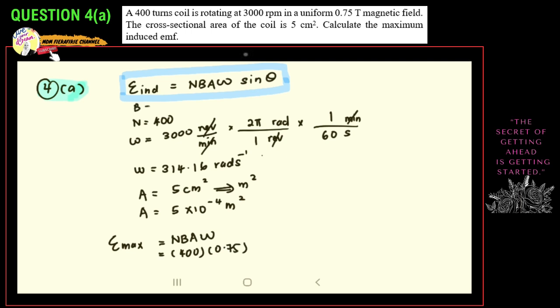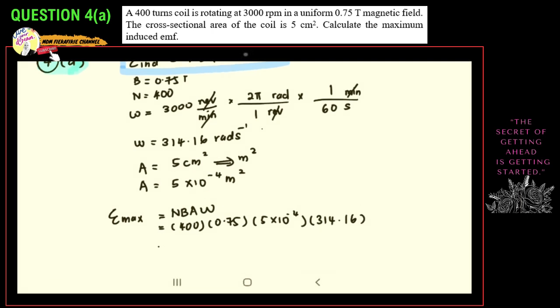Tadi kita lupa nak keluarkan 0.75 Tesla. Okay, so area is 5 exponent negative 4. And last one is omega. Make sure in radian per second, 314.16 radian per second. Tak payah masuk unit. Okay, padam balik. Okay, so last kali you akan dapat 47.12 volt. Okay, so this is the answer.